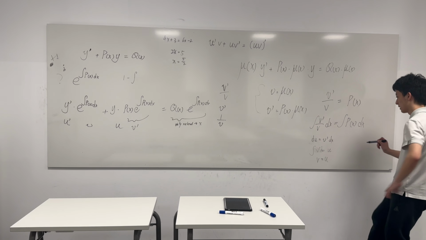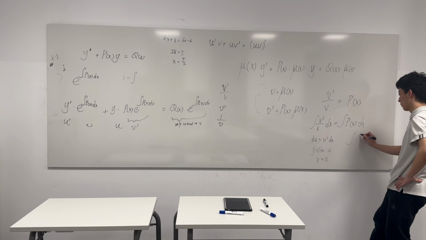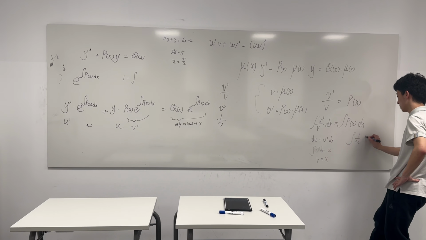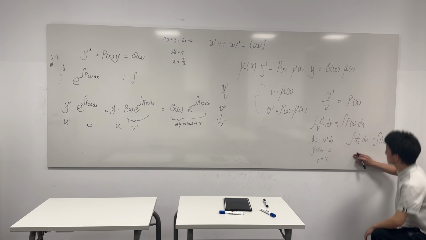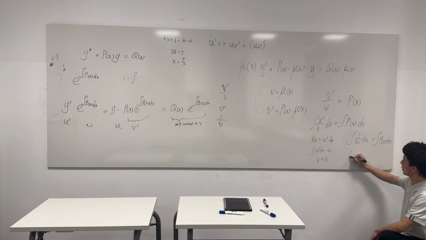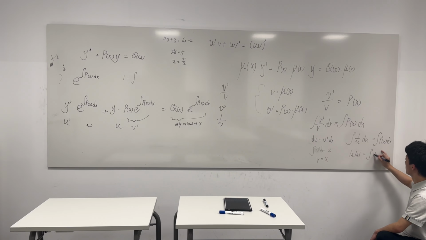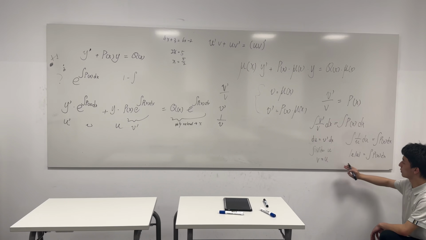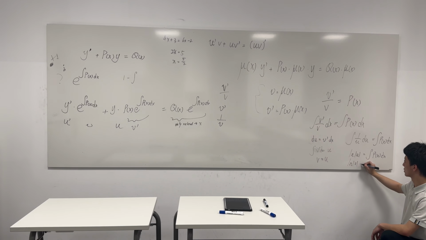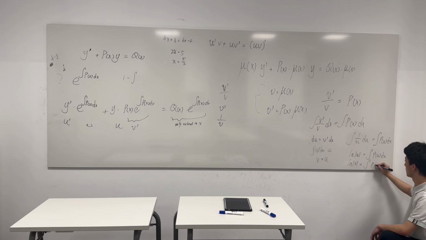So for the left side, we will get the integral of 1 over u du is equal to the integral of px dx. And therefore, we know that ln absolute value of u is equal to the integral of px dx. And u is equal to v, so ln v equals the integral of px dx.